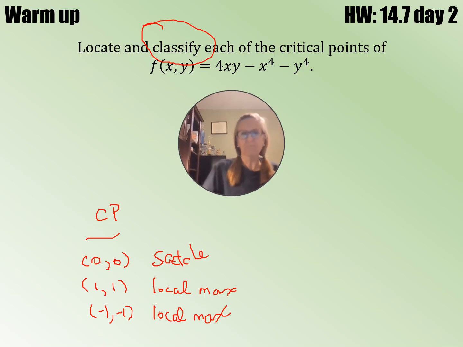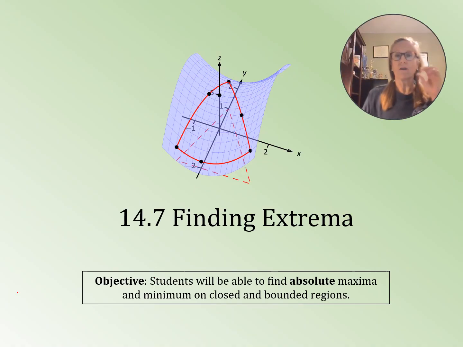All right. Okay. So as I said, in yesterday's video, this is day 2 where we're going to take the local extrema and now talk about finding absolute, right? But it does have to be on a bounded region.